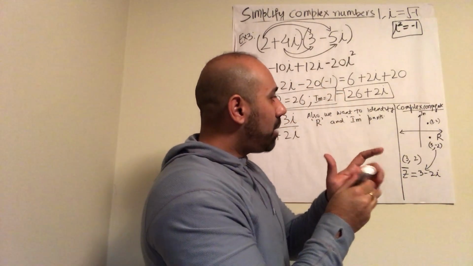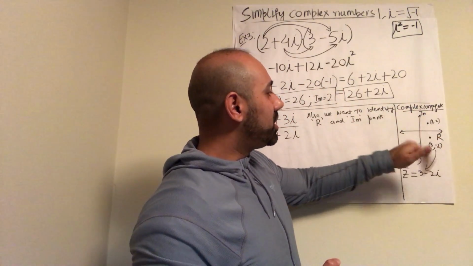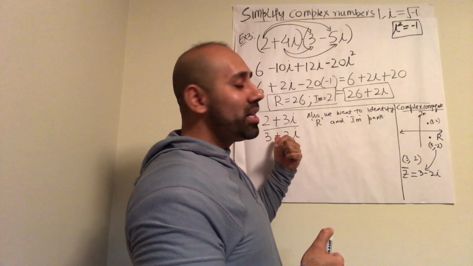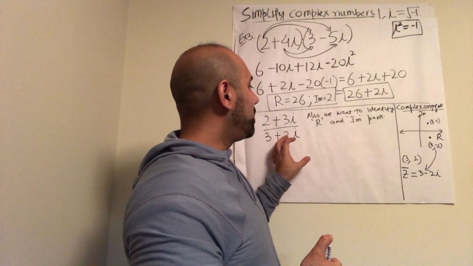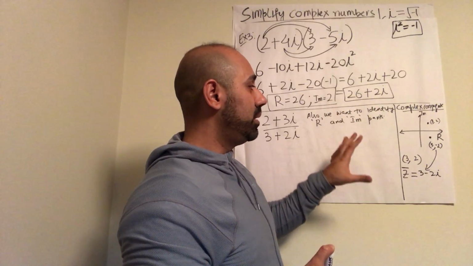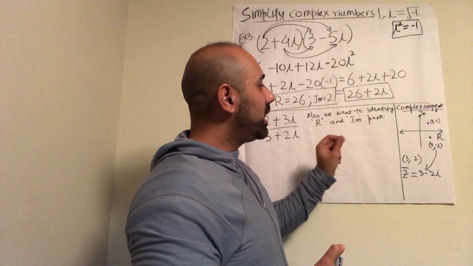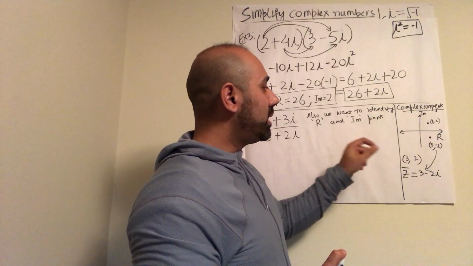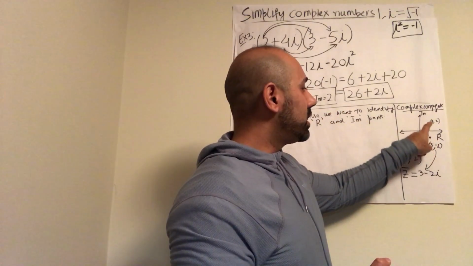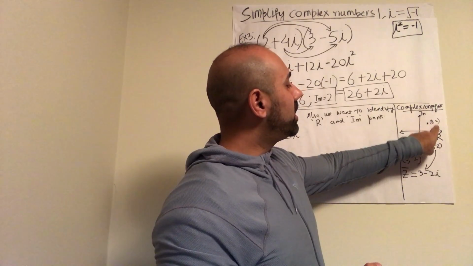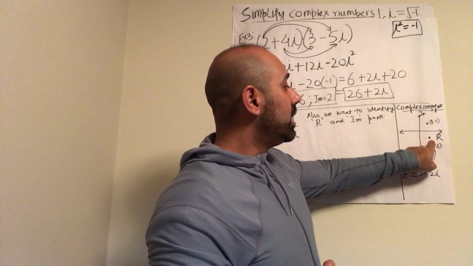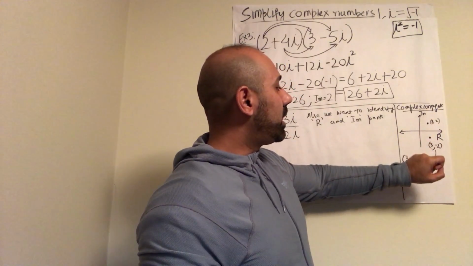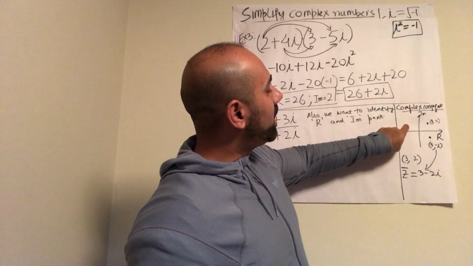The complex conjugate is very useful when we are trying to divide two complex numbers and find the real and imaginary parts. What is a complex conjugate? It is simply the reflection of a complex number across the real axis. If this is the complex number right here, the reflection is going to be right here. Similarly, we could have a different complex number, for example right here.